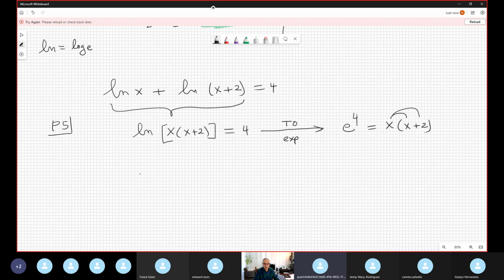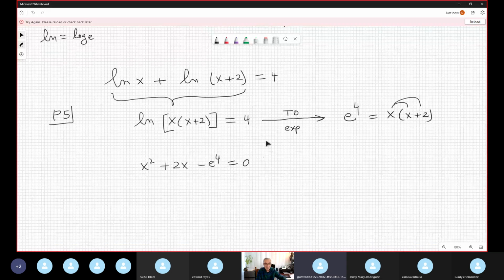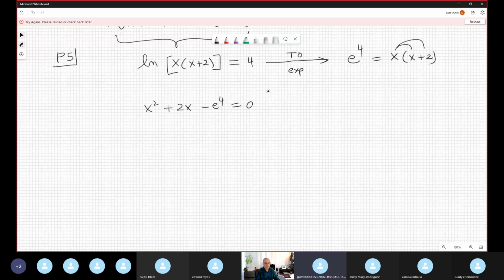Look, x times x is x squared plus 2x minus e to the 4 equal 0. Okay, entonces, for solving this equation, obviously the only possibility that we have is using the quadratic formula, no? A is 1, B is 2, and C is negative e to the 4 power. It's a number, it's a constant.